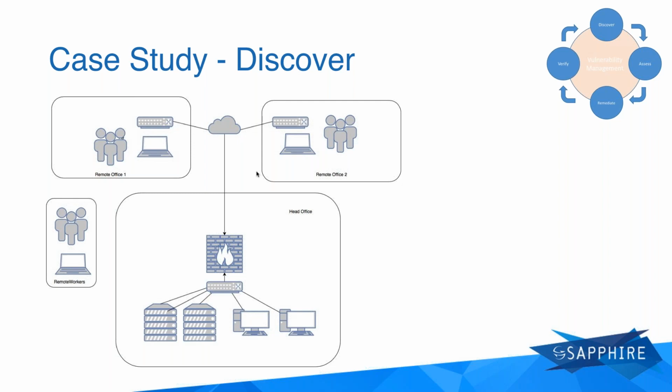We have a head office that would have our main ingress firewall, servers, desktop machines, those static type machines. We have a few remote offices, laptop users in there working away, and we also have those remote workers, either those road warriors or home workers within our network.